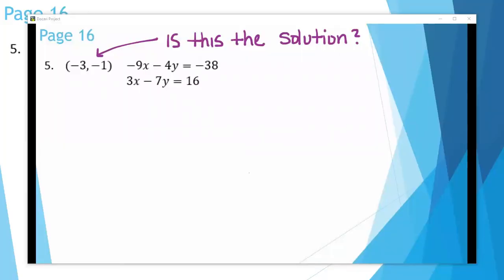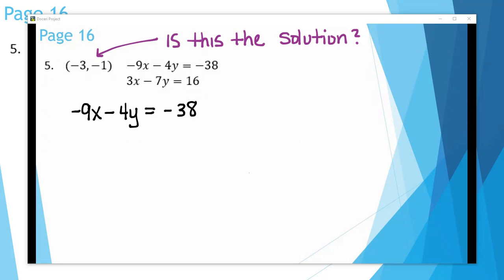Okay, so how do we determine if it is a solution? The way we're going to do that is substitute the x and y coordinate into the equation to see if it's true. So I'll explain further. Let's look at the first linear equation, which is negative 9x minus 4y equals negative 38.